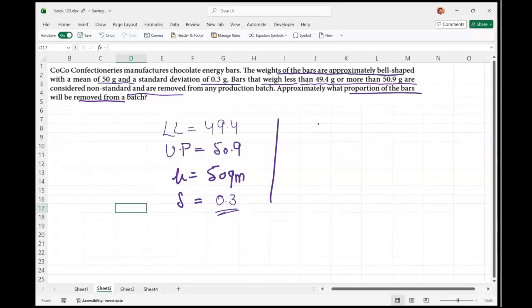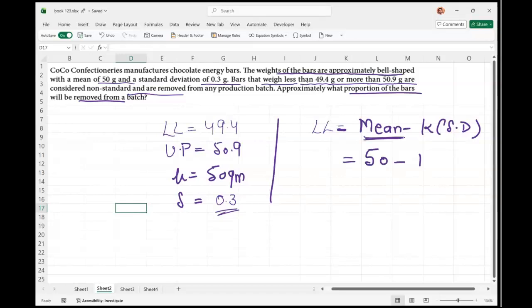So lower limit equals mean minus k times standard deviation. So we will write down this value. Mean value is 50 minus k times standard deviation, which is 0.3.